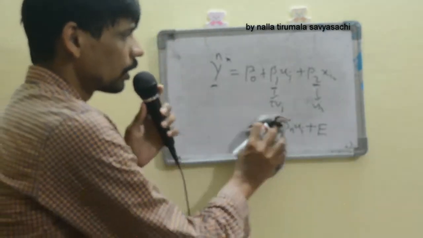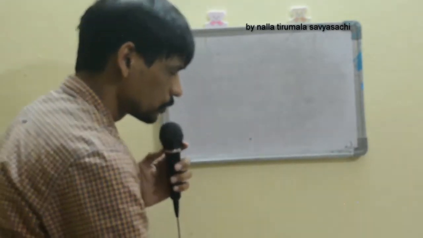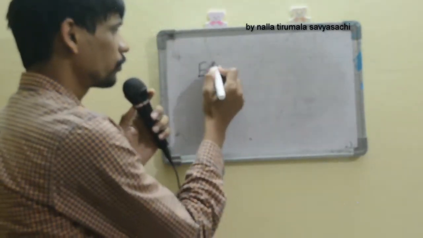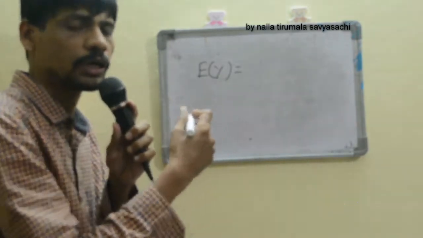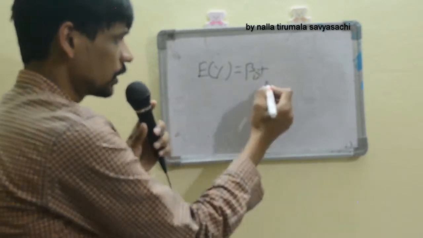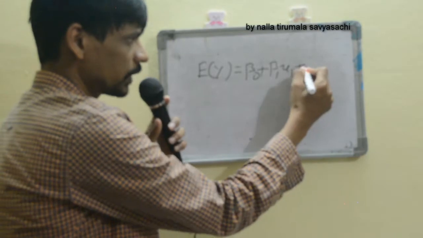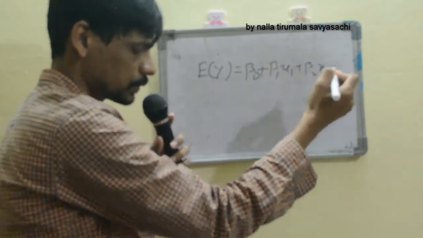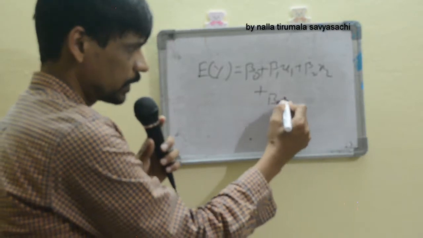So this is our multiple regression model. The equation of E of y, which is the linear equation, equals beta 0 plus beta 1 x1 plus beta 2 x2 plus up to beta p xp.